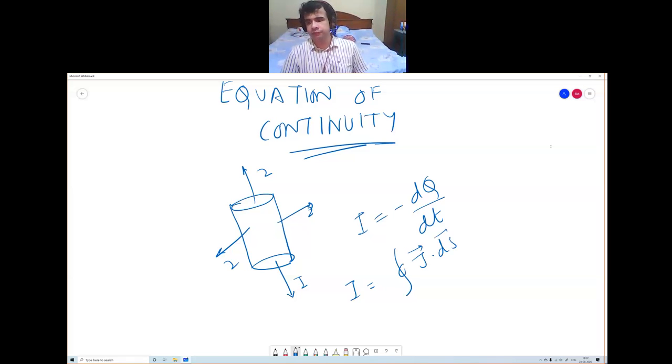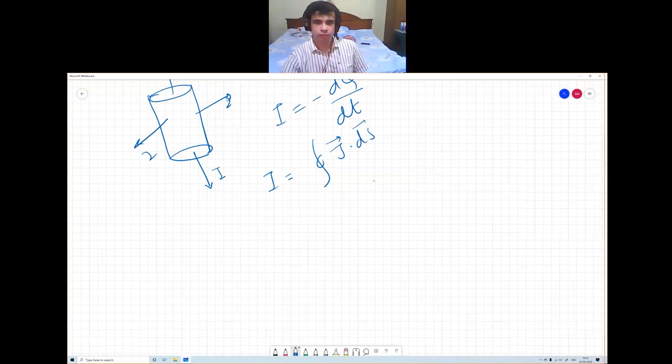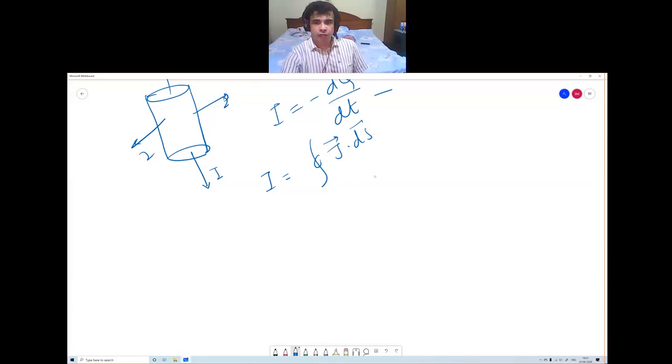J is the current density. You probably know. So this is equation 1. If the volume charge density of the conductor is rho v, then Q will be equal to the volume integral of rho v dV. Is it okay?